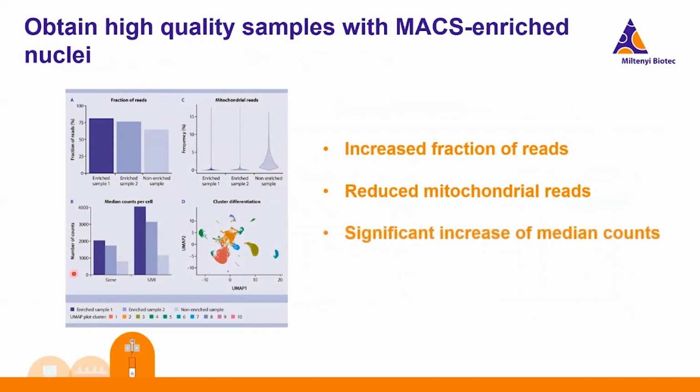Then on top, you have a significant increase in the median genes and UMI counts in the enriched samples in comparison to the non-enriched ones. And you do also see a good separation of the individual clusters here in the UMAP plot. So overall, it's really increasing the efficacy of the experiments you are performing when you are using a nice and clean input material.